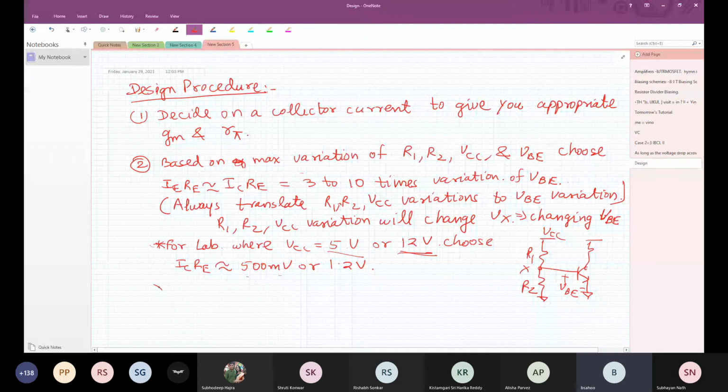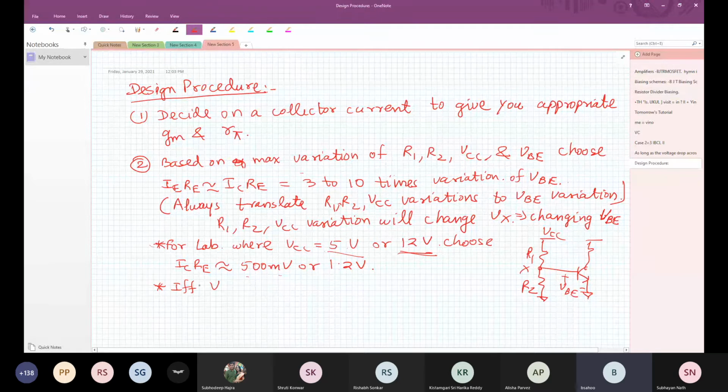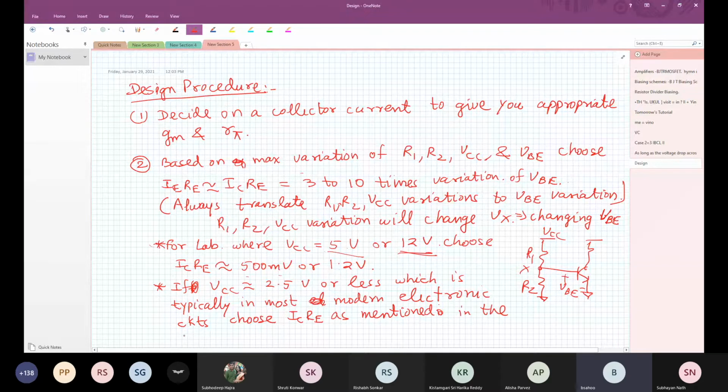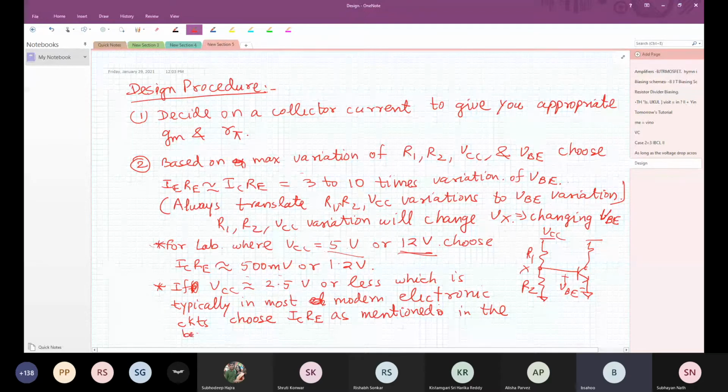But if VCC equals 2.5 volts or less, which is typically the case in most modern electronic circuits, choose ICRE as mentioned in the beginning of point number 2.